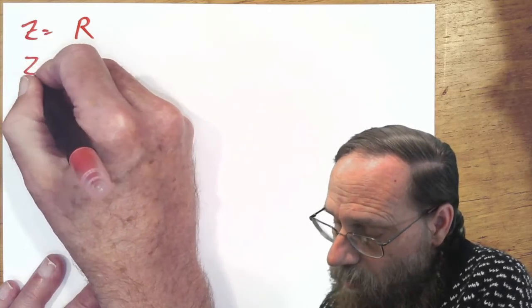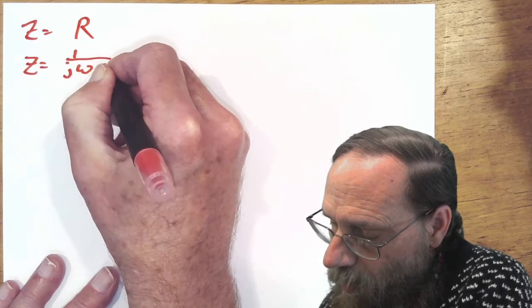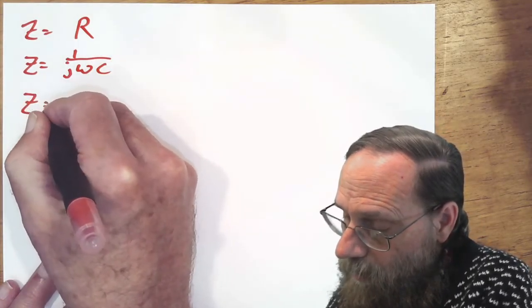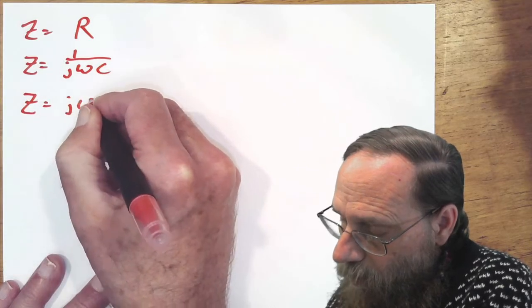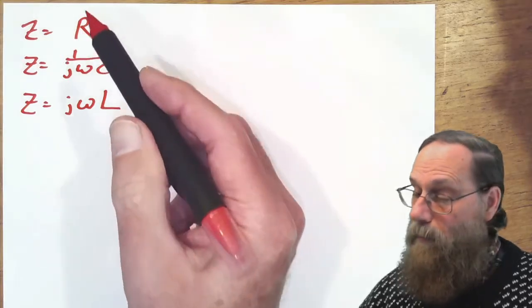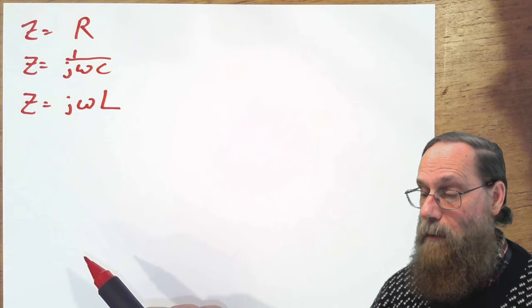We've had capacitors, Z equals 1 over j omega C. And we have had inductors, Z equals j omega L. So one real and two formulas for purely imaginary impedances.